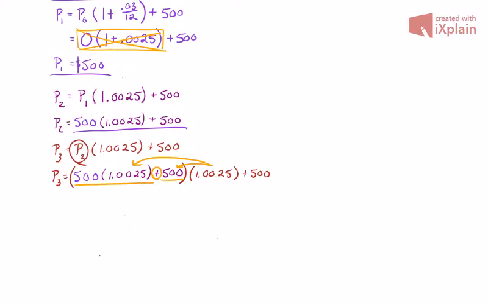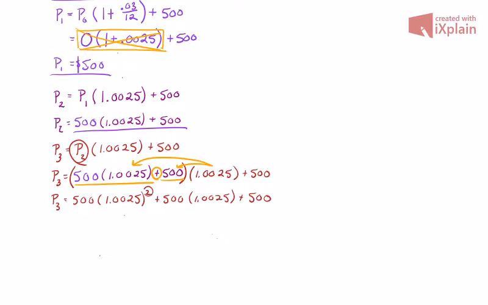So if I clean this up, then my p sub 3 is now equal to 500 times 1.0025 squared plus 500 times 1.0025 plus 500. So if we look at this, basically the 1.0025's exponent is decreasing by 1 within each term.